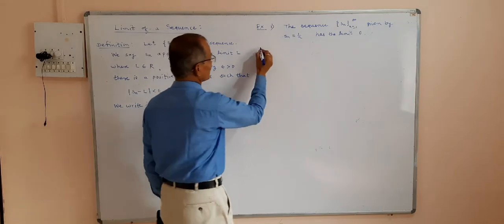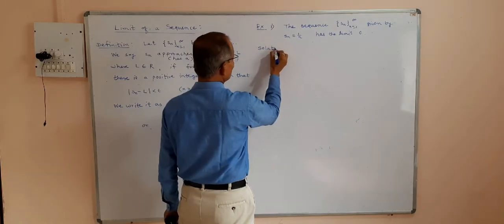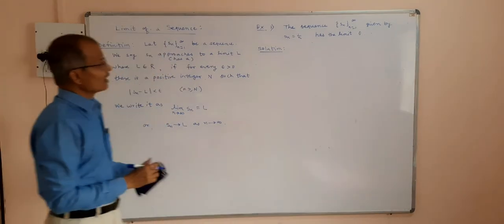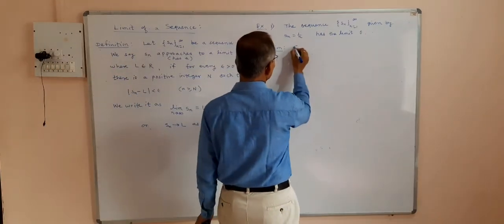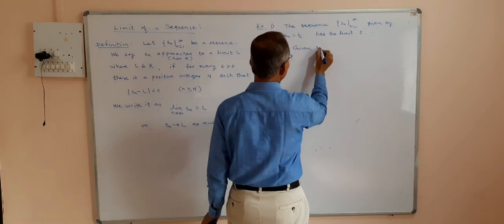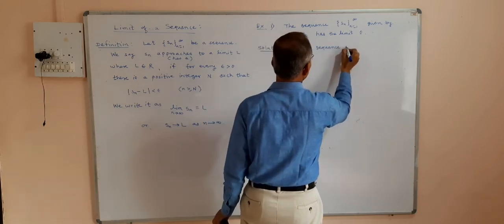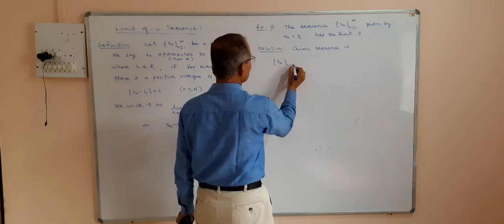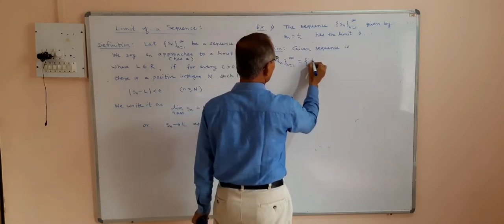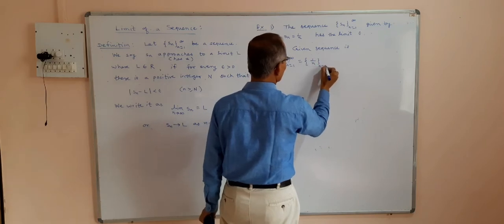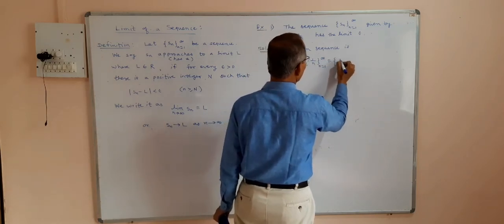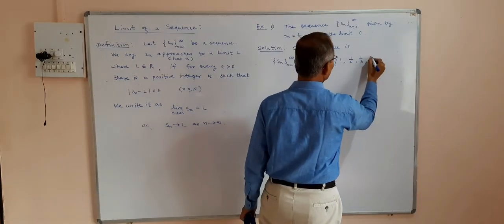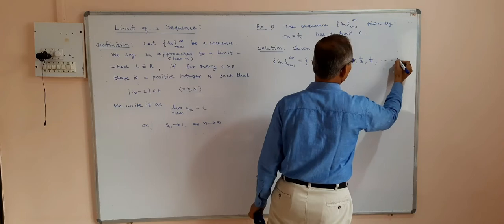Now you see, we shall prove this result using the definition. So the given sequence is Sn, n takes values 1 to infinity, which can be written by putting the value of Sn: 1 by 1, that is 1, 1 by 2, 1 by 3, 1 by 4, and so on.